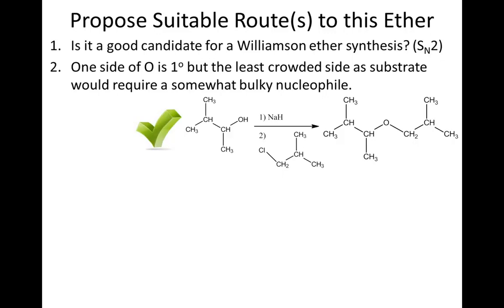So then let's see what else we could do. If we wanted to examine the possibility of doing oxymercuration, again, we've got to figure out one side's going to be an alcohol, and so we've got the opportunity to use this alcohol again. So if we did that, then where would we have to put the double bond? Well, if you want to get the oxygen on there, you could put the double bond right there, but is that going to give you the molecule that you want?